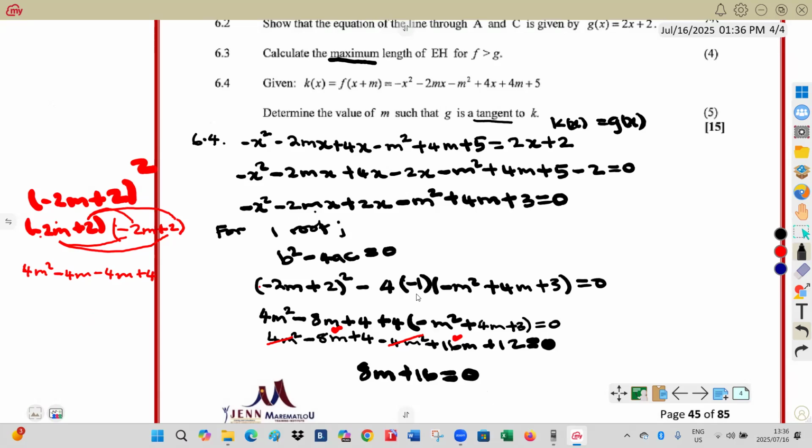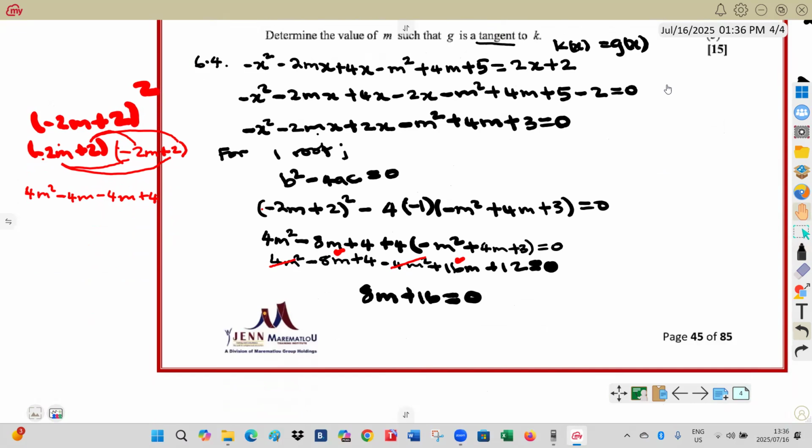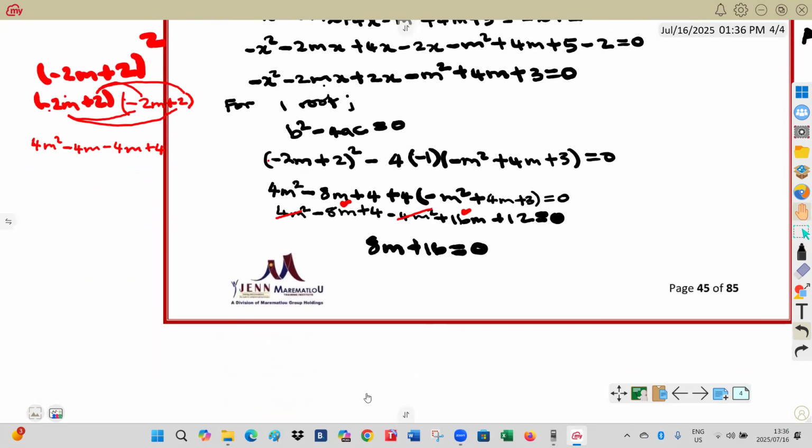There, it means we now have to solve for our m. To solve our m, it therefore means that the 8m will be equal to a negative 16.